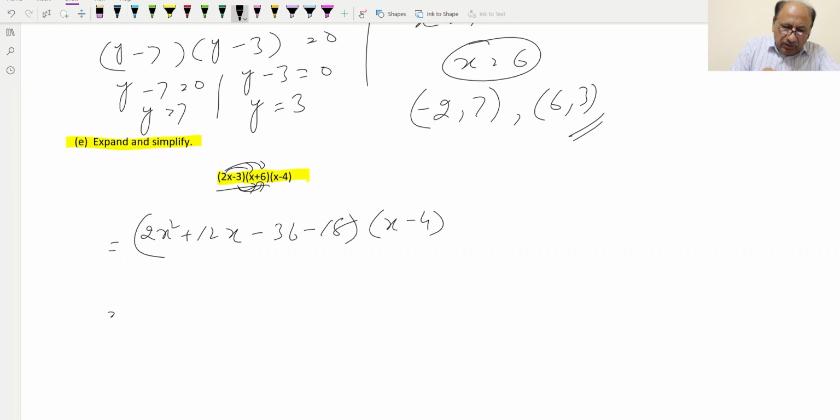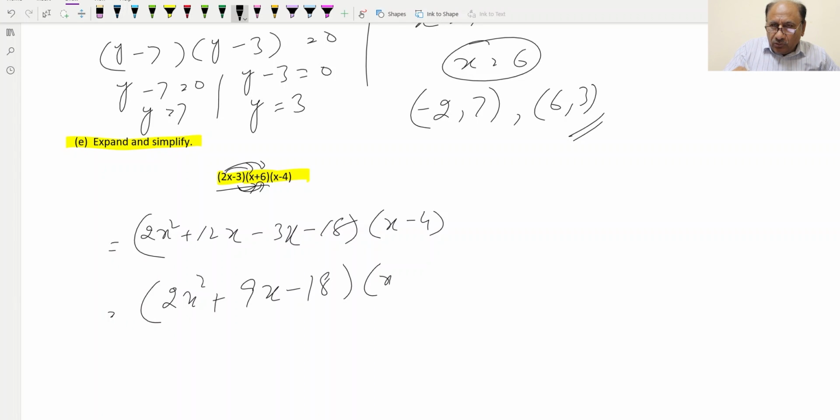Then we add the like terms, so 2x squared, and this should be 6x, basically 12x minus 6x will be plus 6x minus 18, times (x minus 4).